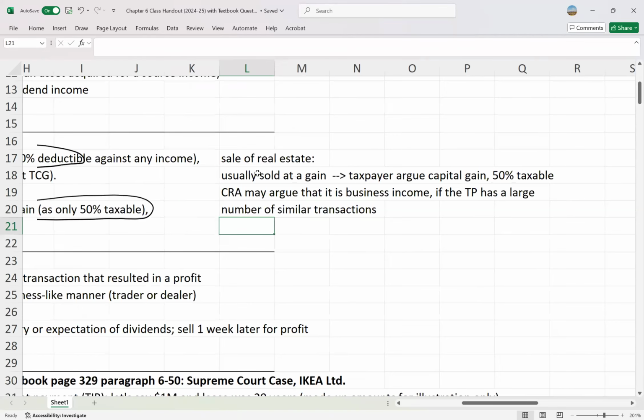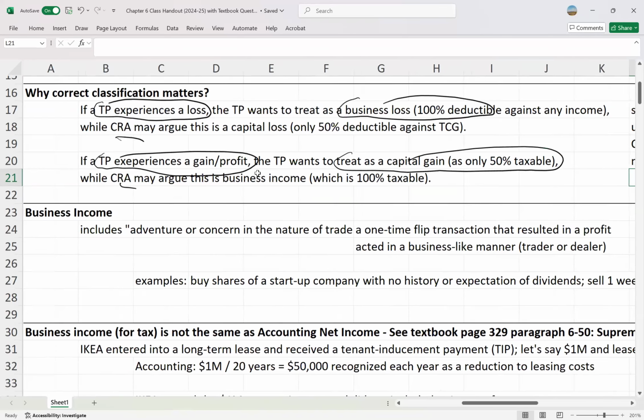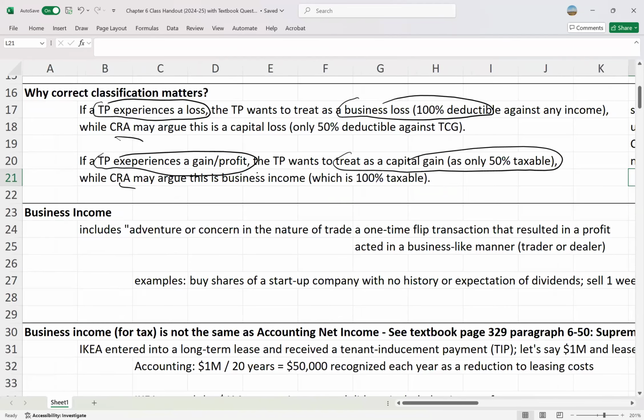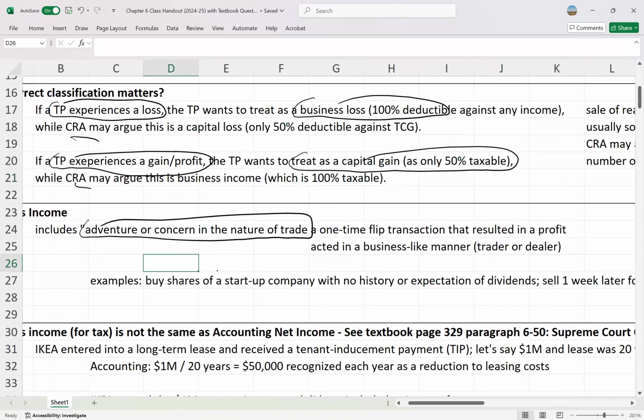There's another term that's talked about in the textbook, which is adventure or concern in the nature of trade. Basically, that is a one-time transaction where the taxpayer acted in a business-like manner, and because of that, the CRA is going to treat it as business income.